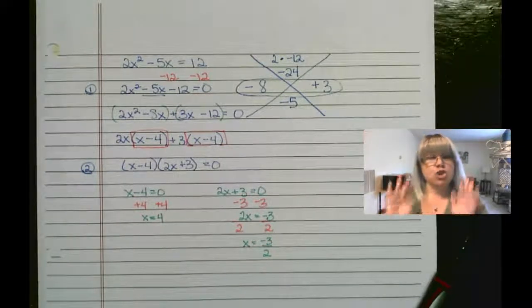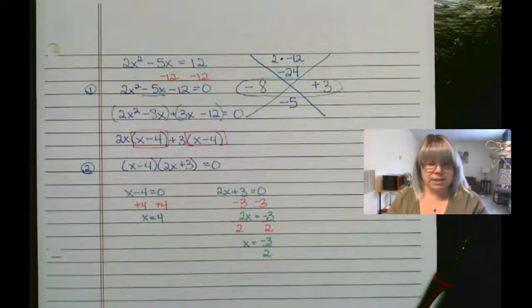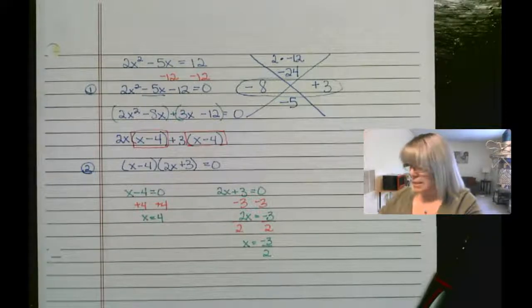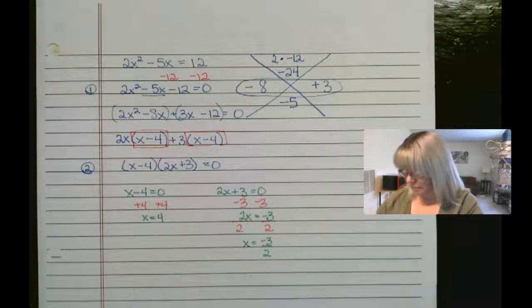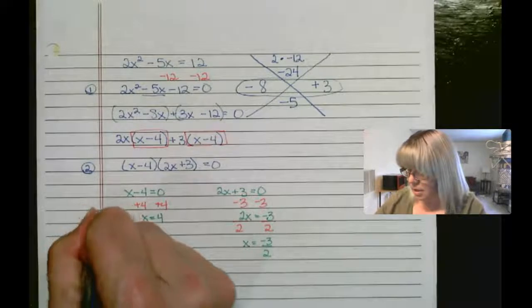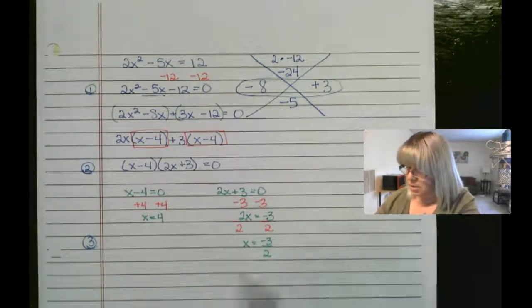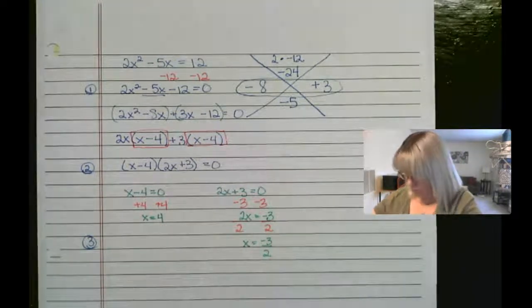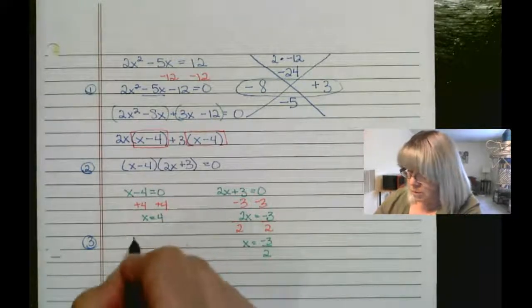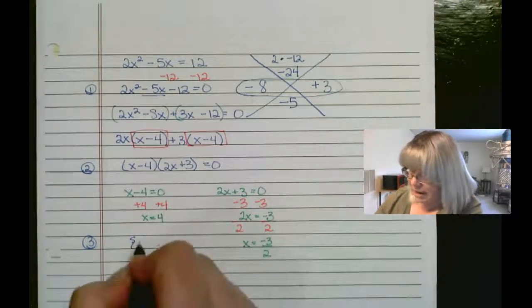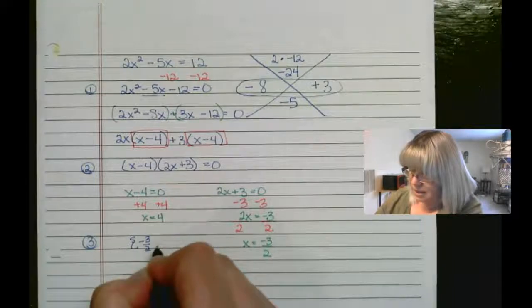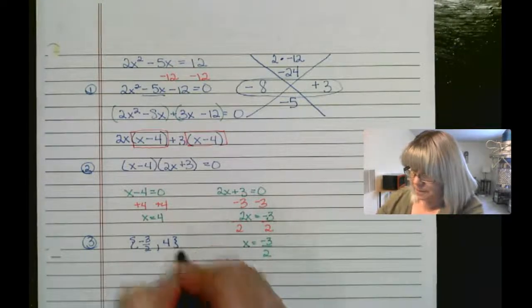I found my 2 possible solutions. That was step 3. So my 2 possible solutions are negative 3/2 and 4.